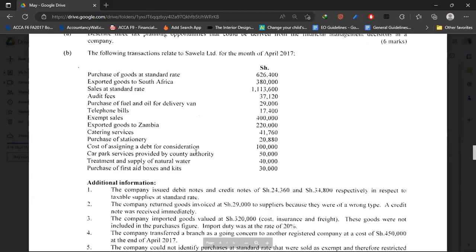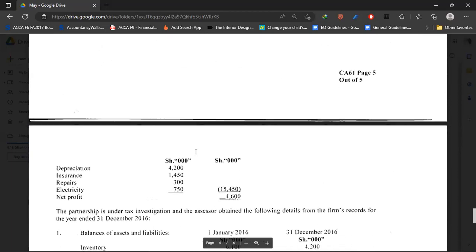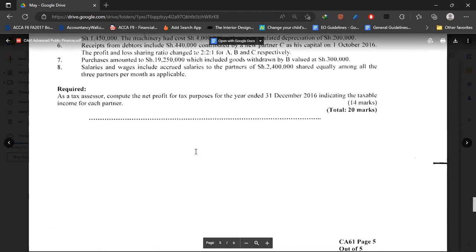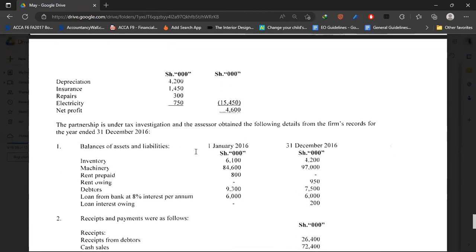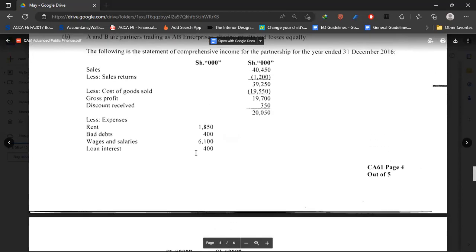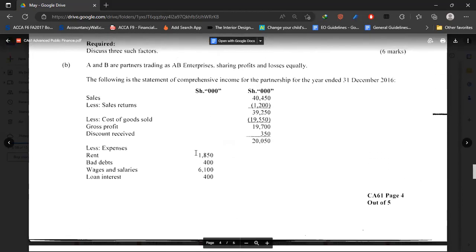May 2017 should be question 5B. So is it starting from A and B? Rose, go on.